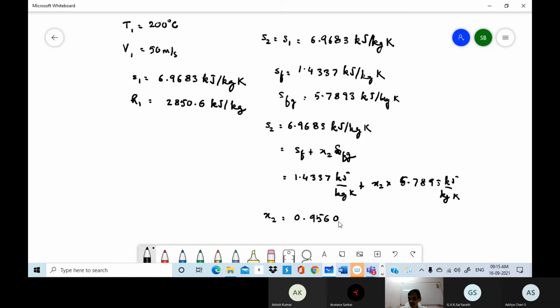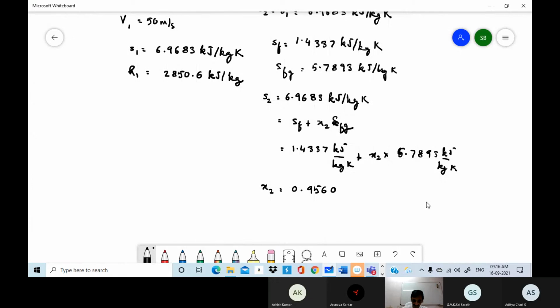So this is the quality of steam at exit. If I know the quality, I can calculate the enthalpy. That will be HF plus X2 into HFG.